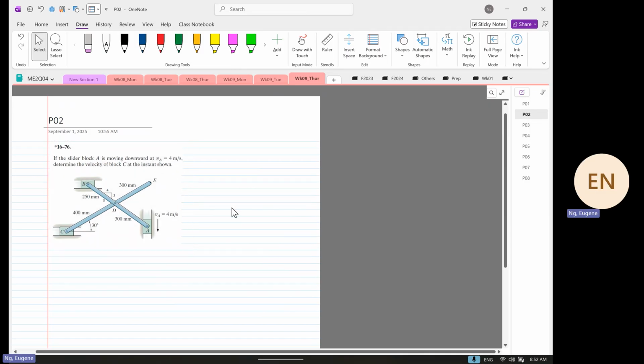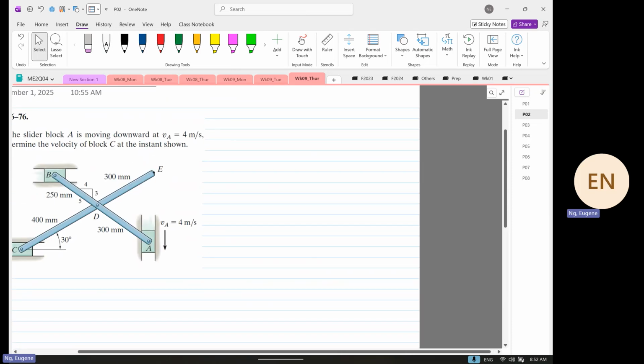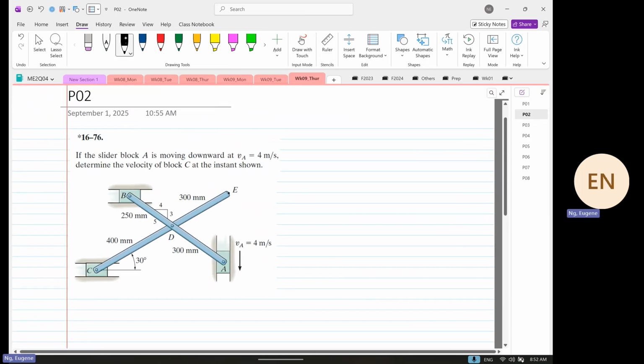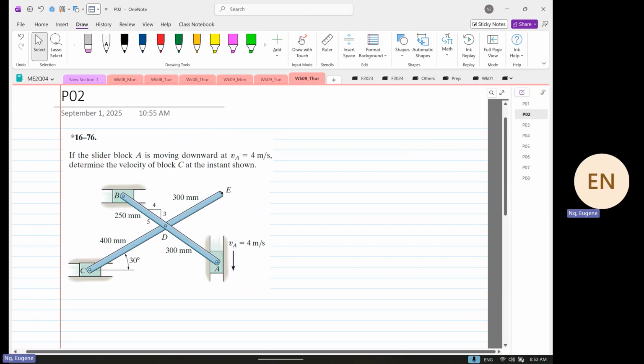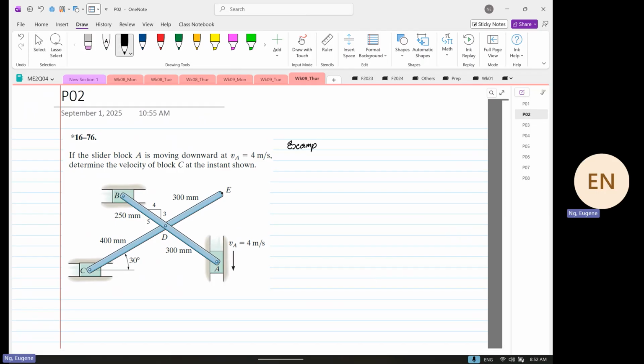What this problem could help us do, for example, is to show when it is possible to use the IC method.